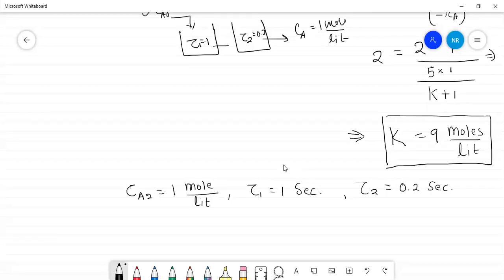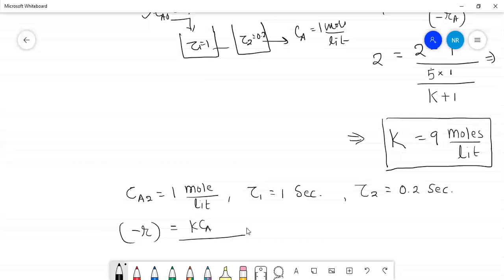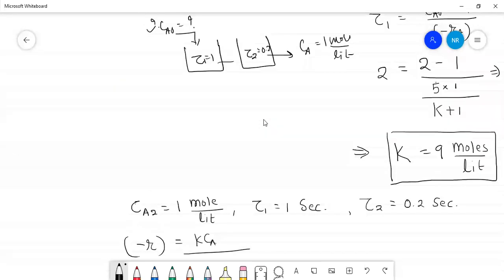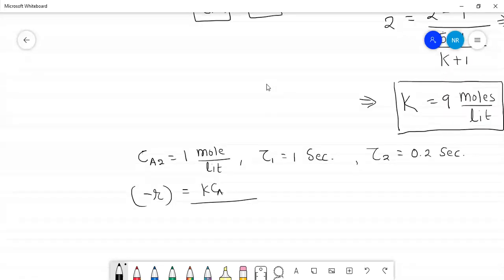And minus R is equal to small k multiplied by Ca divided by capital K plus Ca. So now we use this one.